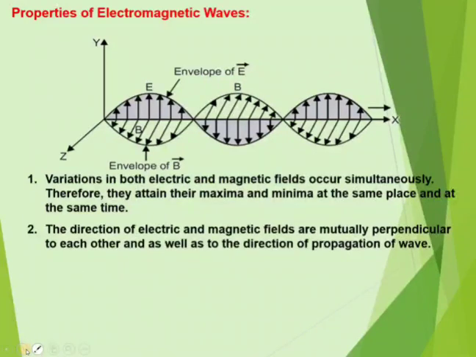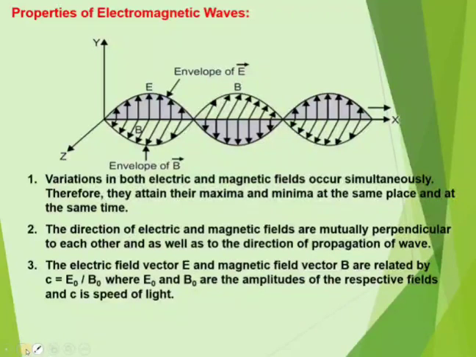The directions of electric and magnetic field are mutually perpendicular to each other, as well as to the direction of propagation. The electric field vector and the magnetic field vector are related by the equation C equals E naught over B naught, where E naught is the peak value of electric field, B naught is the peak value of magnetic field, and C is the speed of light.